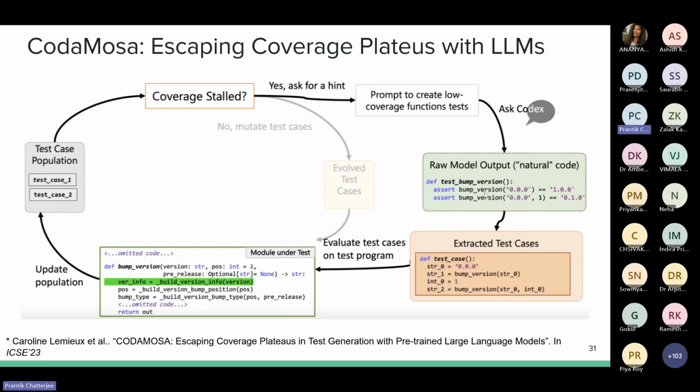So it has called bump version with 0.0.0, and it has incorrectly inferred that the output will be 1.0.0. But at least it has produced a valid set of inputs. The first one is 0.0.0, which is a well-formatted string for this bump version program. And in the second test case, it's a well-formatted string and a well-formatted integer.